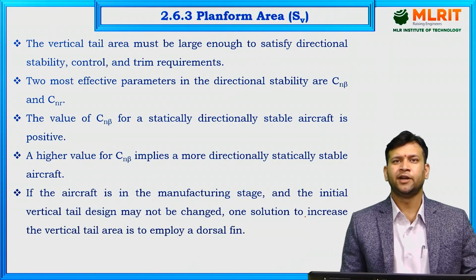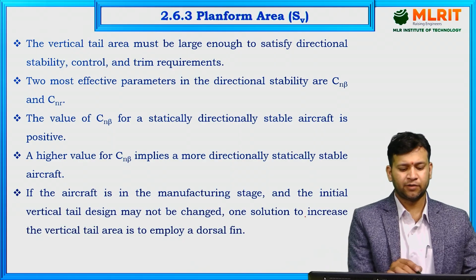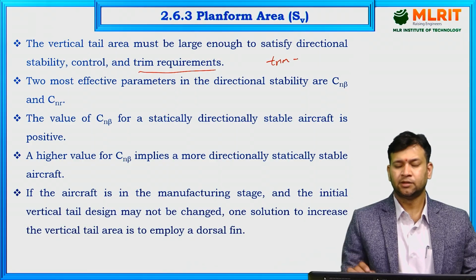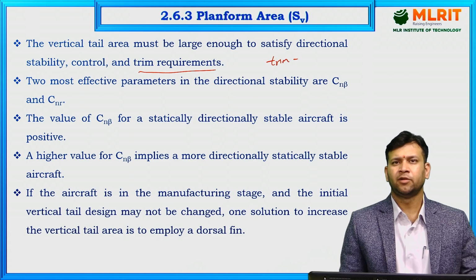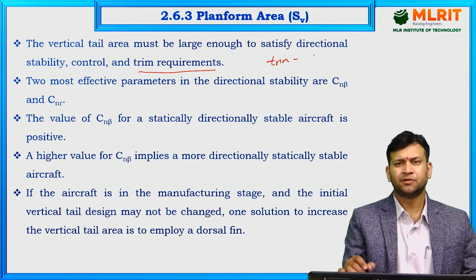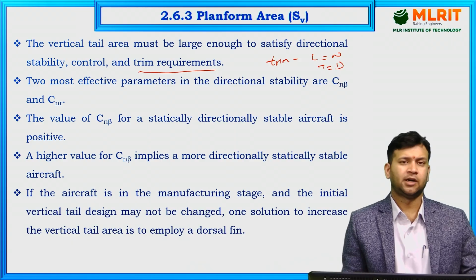The vertical tail area must be large enough to satisfy directional stability, control and trim requirements. Trim is bringing aircraft back to equilibrium position after it is disturbed, and it is a point where we have steady level flight condition, that is lift equals to weight and thrust equals to drag.